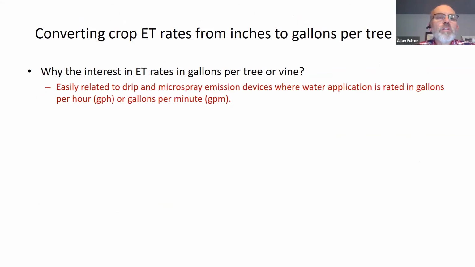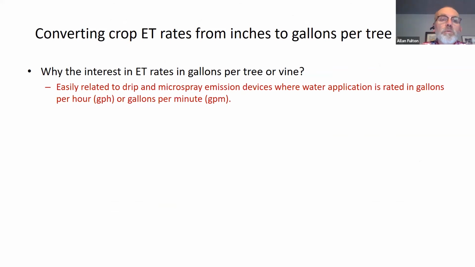Oftentimes, a very common question is, why don't we report the crop ET in gallons per tree or gallons per vine? And it's understandable why that's a frequent question, and it's a good question. Because we can easily relate when we put in our irrigation system. We know the emission rate in terms of drippers.